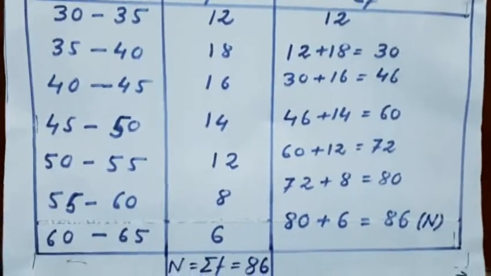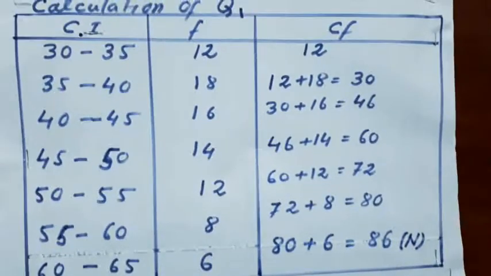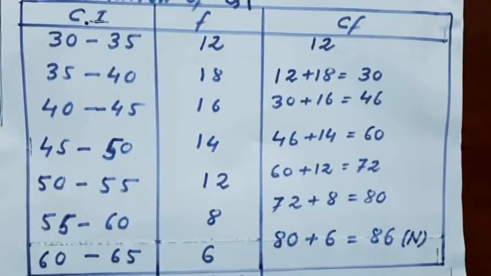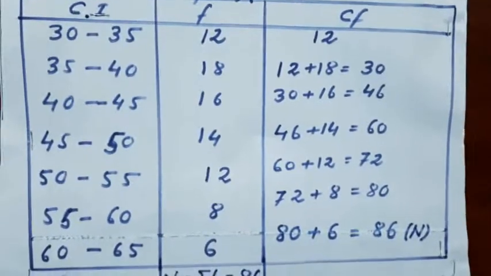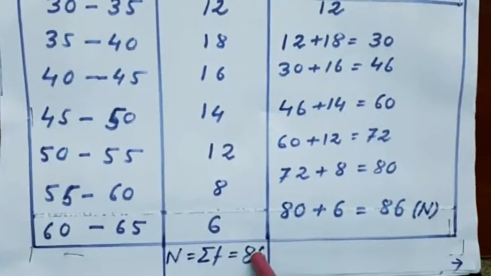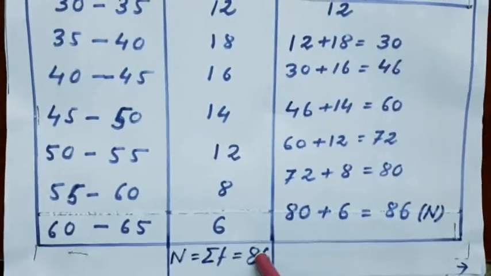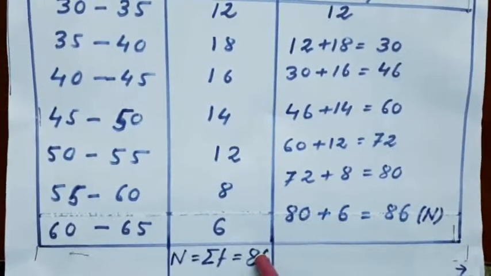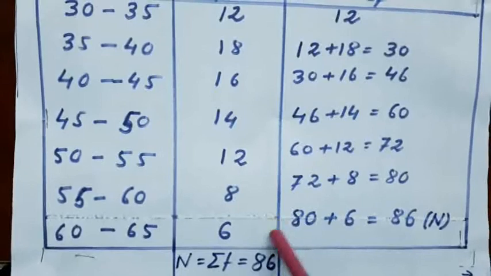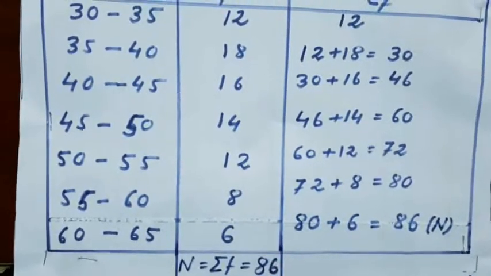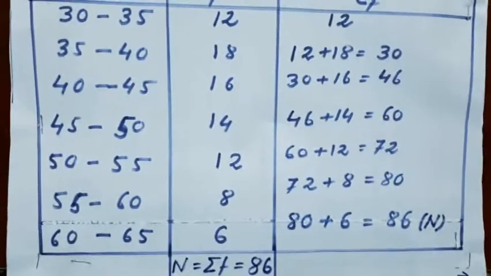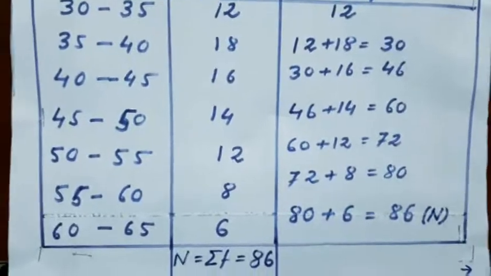Now we will calculate the first quartile. First quartile means the first 1/4 of observations. Here what is the total observation? Total number of observation is 86. So where will the first quartile lie? It will lie in the interval where n by 4 will fall. That is why we will calculate n by 4.